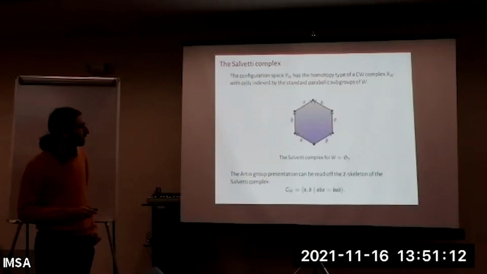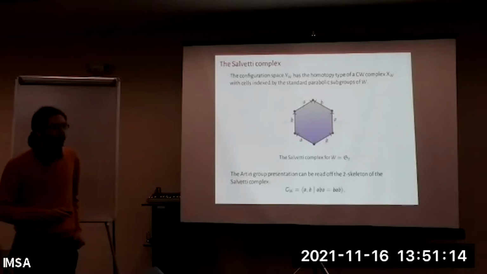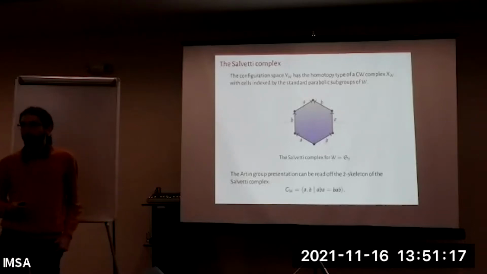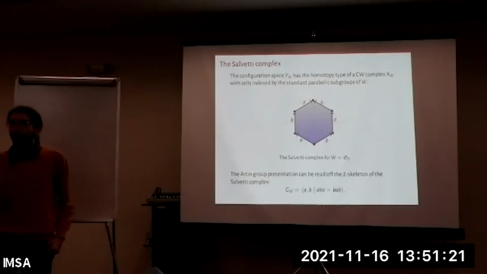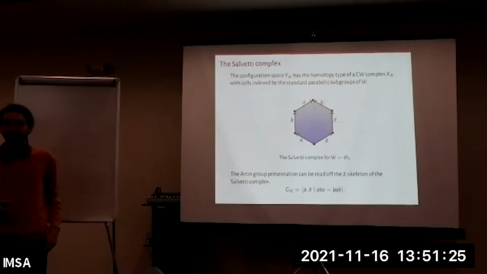Okay, and one more bit of information on top of yesterday is that the CW complex that Mario has introduced at some point, so he didn't tell you, but everyone calls it the Salvetti complex.